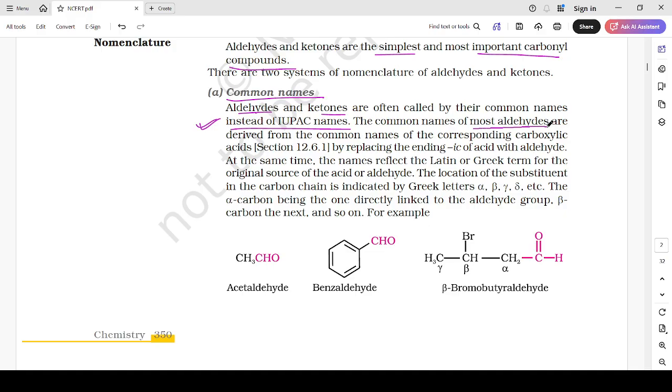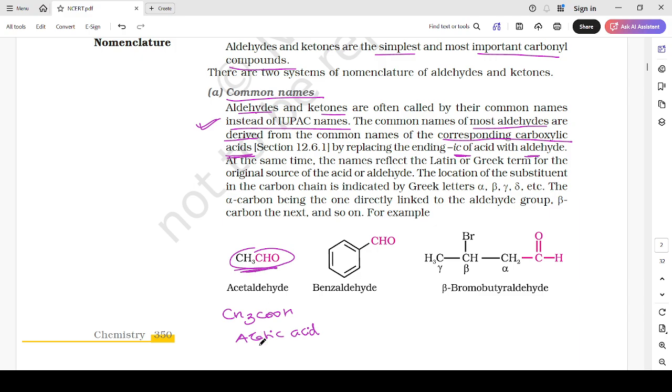The common names of most aldehydes are derived from the common names of the corresponding carboxylic acid by replacing the ending ic of acid with aldehyde. Initially, it is CH3COOH. What is this called? Acetic acid.